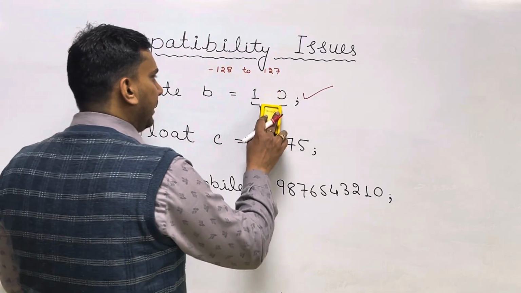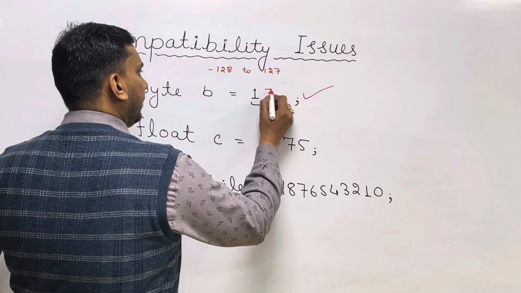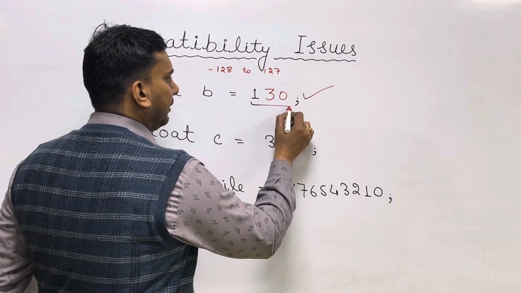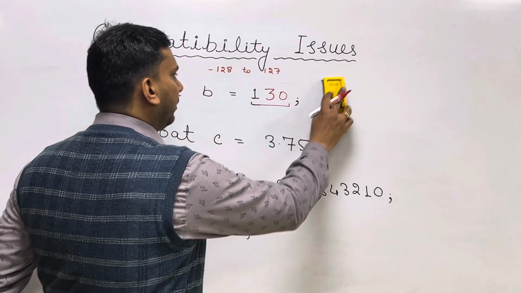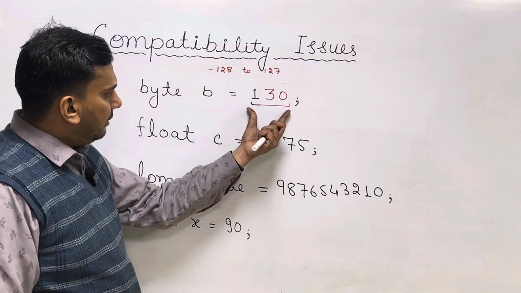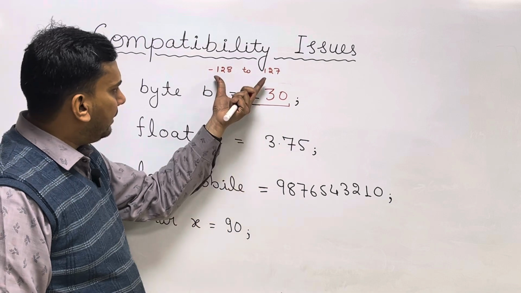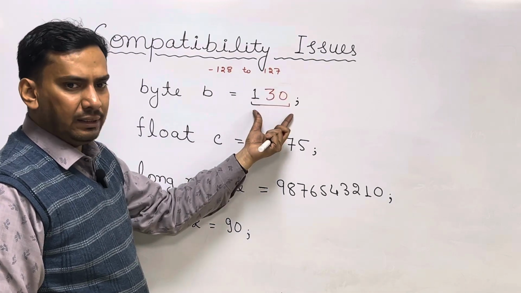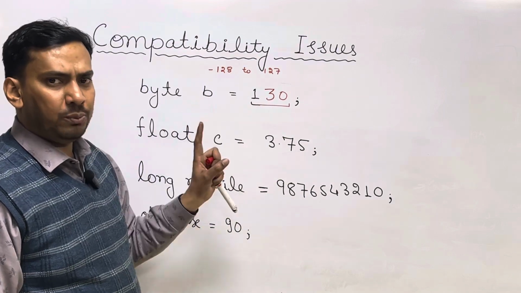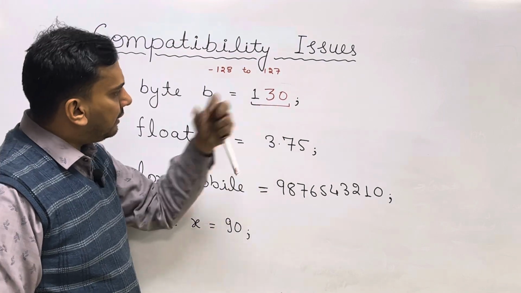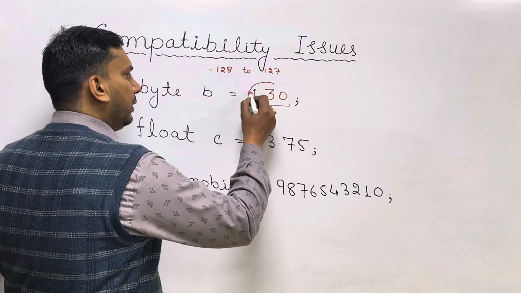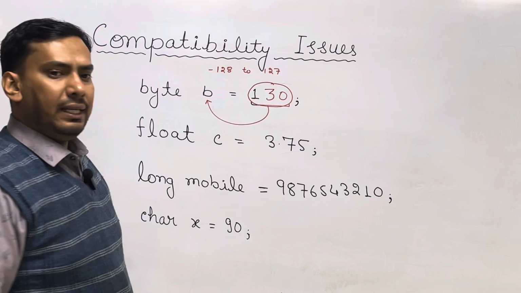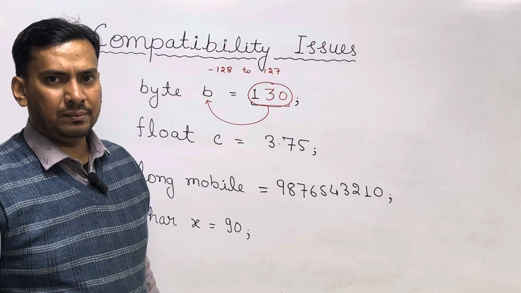But as soon as I write here byte B is equal to 130, this 130 is not in the range of byte. Why? This is an int value, byte range is minus 128 to 127, it means it is beyond the range. Up to 127 I can assign, there is no problem, but if I try to assign 130, it is now beyond the range of byte, and if you try to assign it to the byte, it will say incompatible types, right.